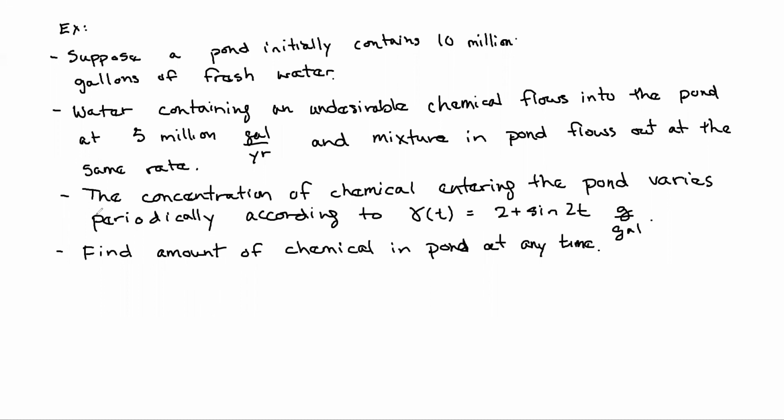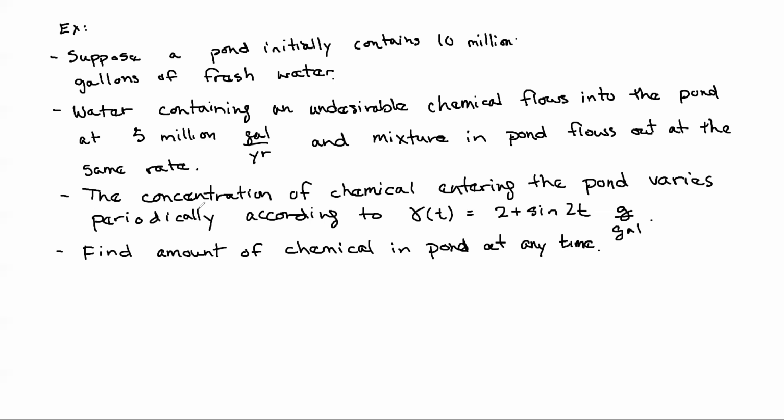This could model, for example, a river of some kind with an industrial plant downriver, and the industrial plant does some type of manufacturing at some part of the year, and when it does, it releases an undesirable chemical into the water, and so that would cause a periodic addition of chemicals into the water, right?